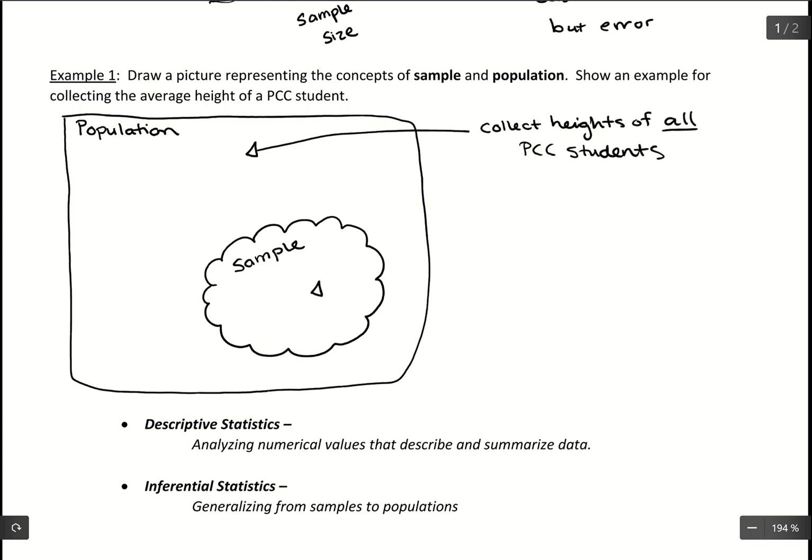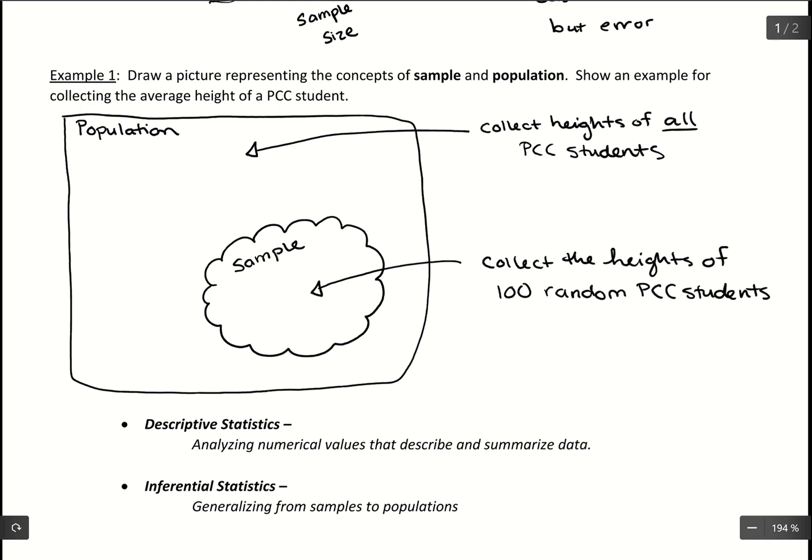If we were taking a sample, then we could choose some sample size to use. So let's say we wanted to talk to 100 students. What we could do is collect the heights of 100 random PCC students.